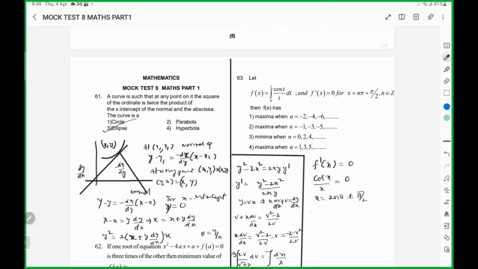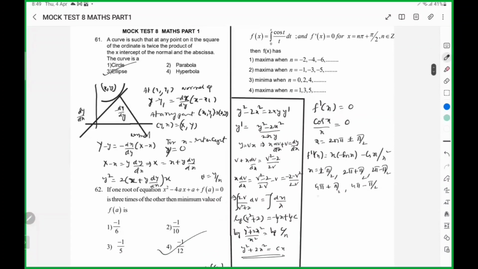So here you take f double dash x, x into minus sin x minus cos x by x square. Check values: take n as 0, plus or minus pi by 2. N as 1, 2 pi plus pi by 2, 2 pi minus pi by 2. N as 2, 4 pi plus pi by 2, 4 pi minus pi by 2.